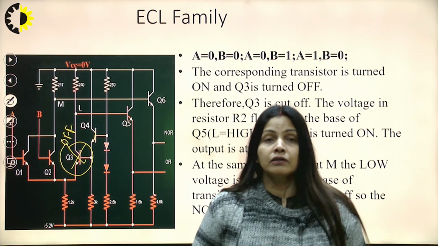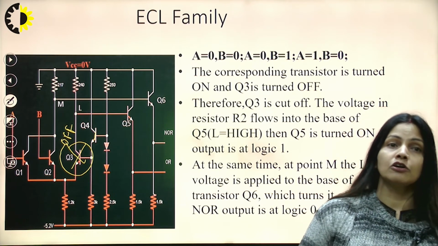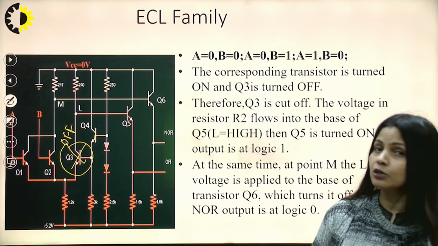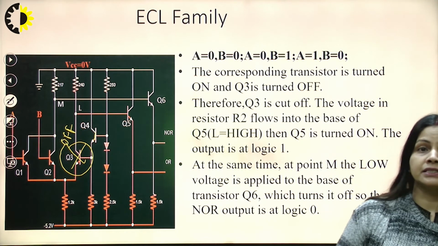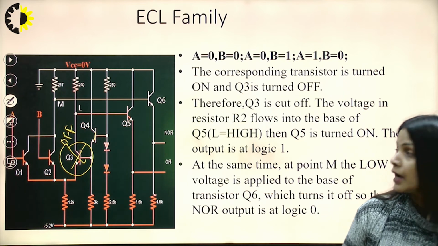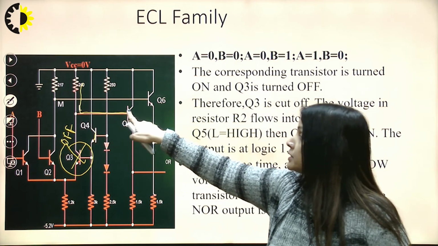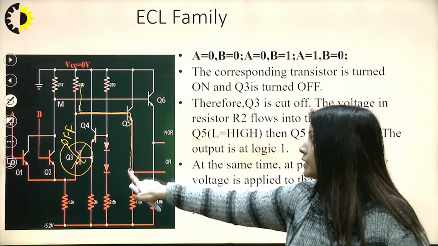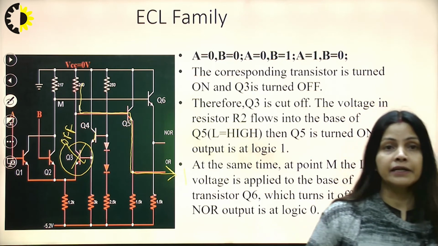So therefore Q3 is cut off, and when Q3 is cut off, the voltage at the resistor R2 flows into the base of Q5, and Q5 will turn on, and this will make OR to be 1, right?